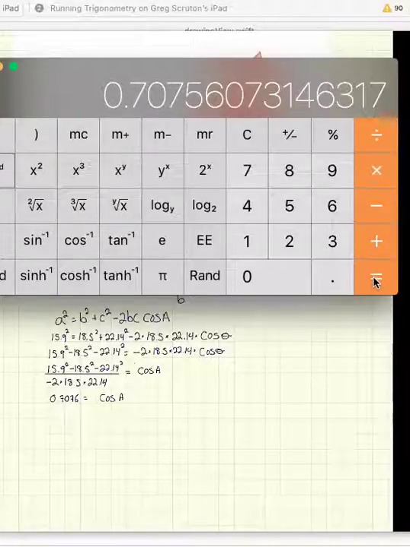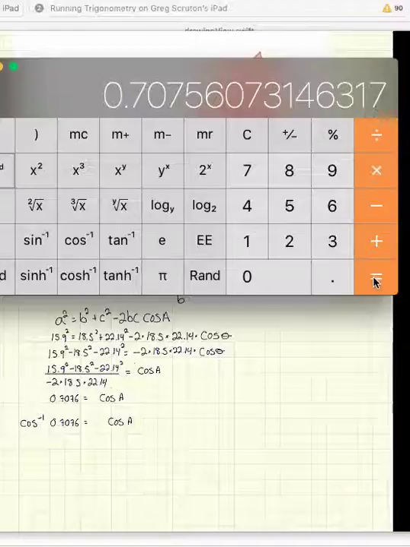To get A alone, I'm going to take the inverse cosine of both sides. So I'm going to do the inverse cosine of the left-hand side is equal to the inverse cosine of the right-hand side.